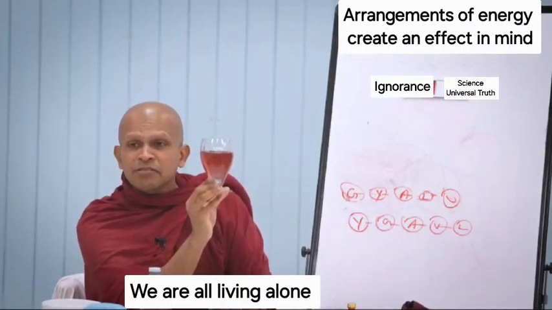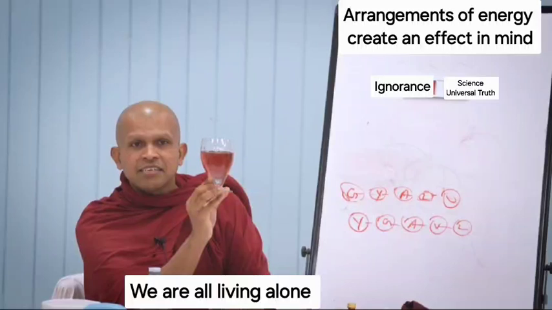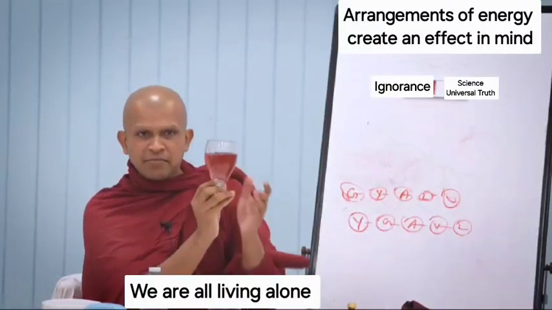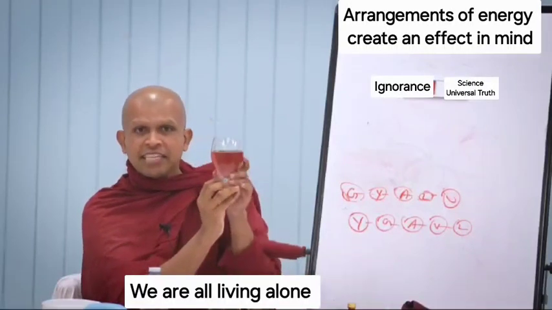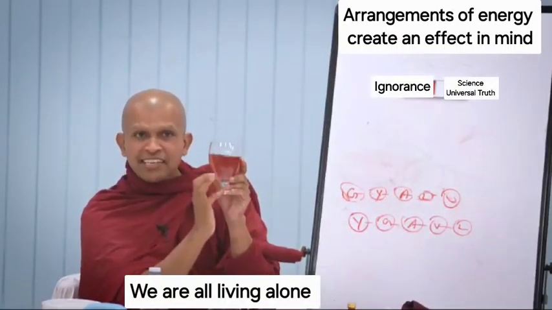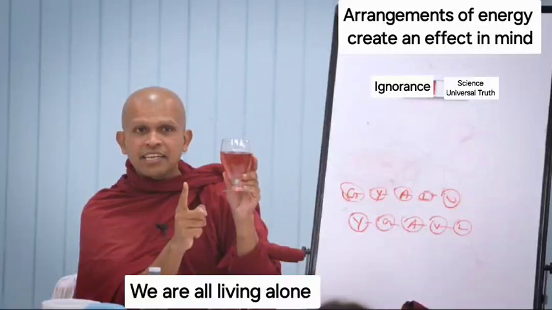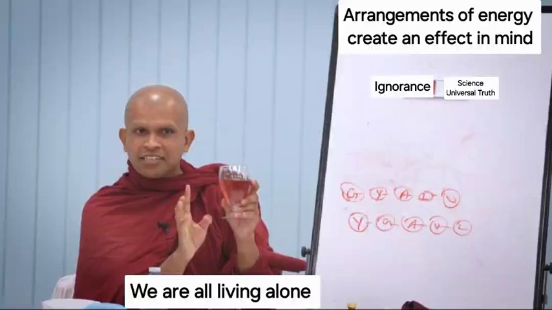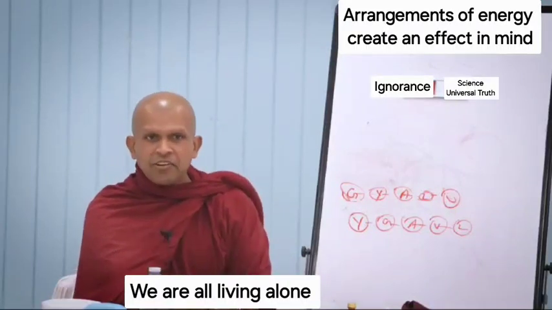Where's the dark red molecules? Inside it. Wait. No. You told me that you can see what? Dark red. Then there should be something here, dark red, isn't it? No. Agree? Okay.